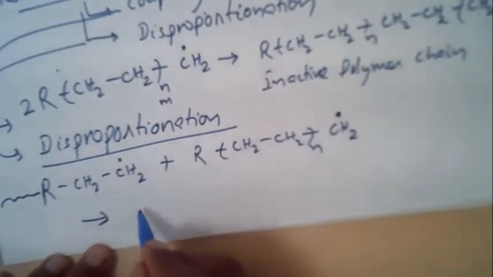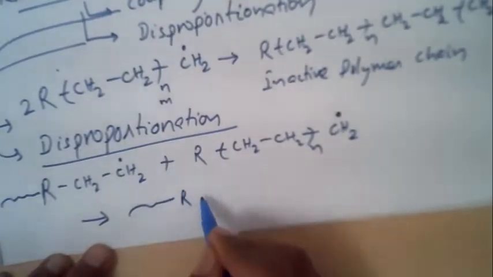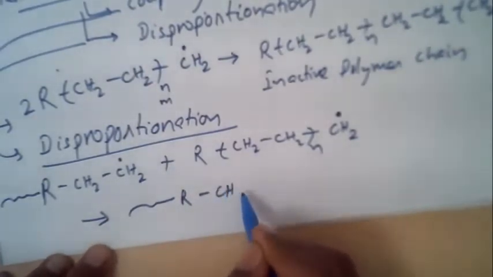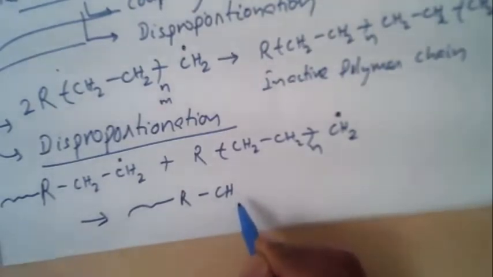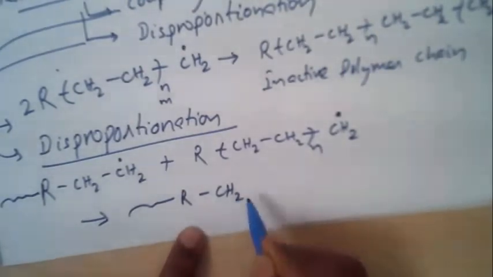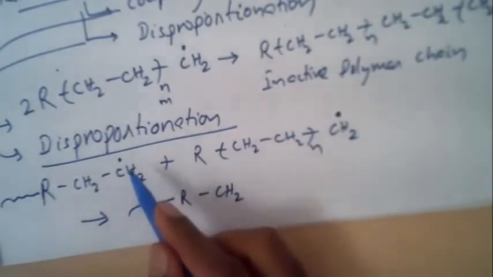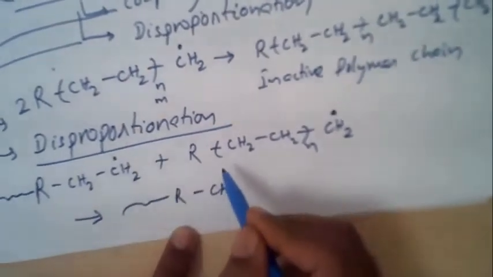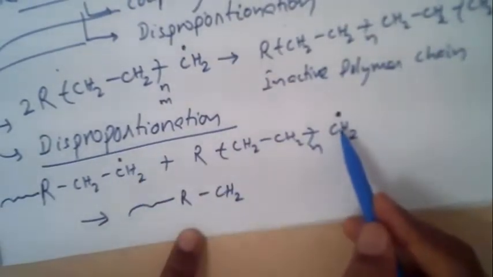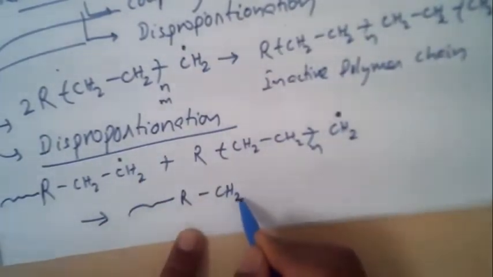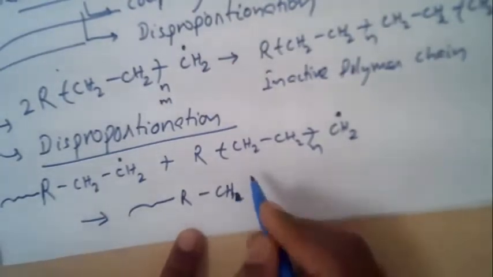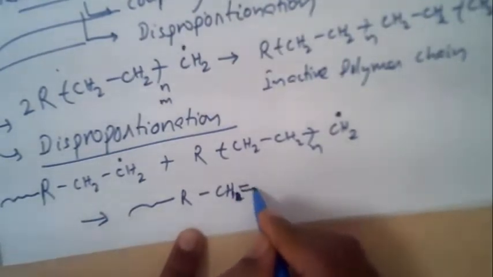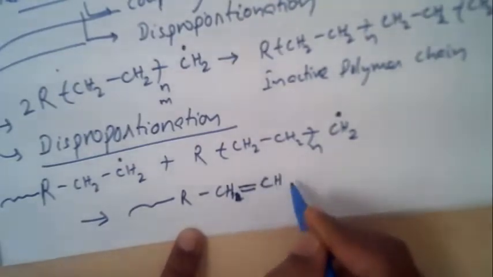So now what will happen in the disproportionation reaction? Now H radical will be transferred to this one. And now instead of CH2 here, it will be only CH, which is connected with double bond CH2.